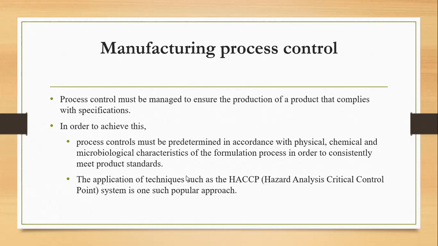You have to also determine your process controls, what you're going to be doing, when you're going to be doing it, and so your formulation always takes precedence, so that quality will always be maintained.